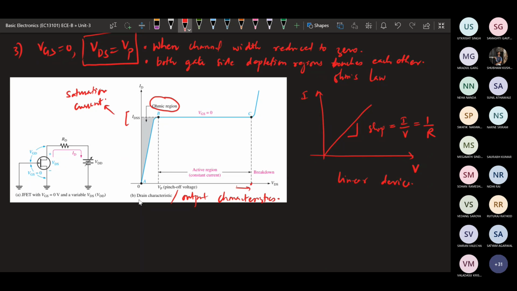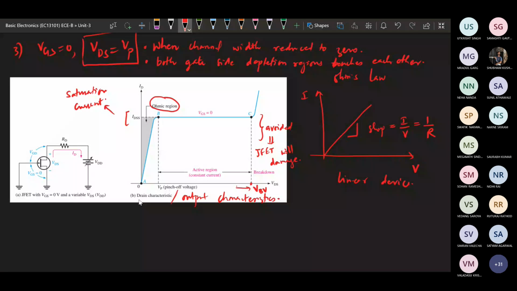So this is basically the breakdown voltage. Okay, so this voltage is the voltage where the breakdown has occurred. So this region is generally avoided because beyond this the JFET will basically get damaged. Okay, so we need to avoid this breakdown region.